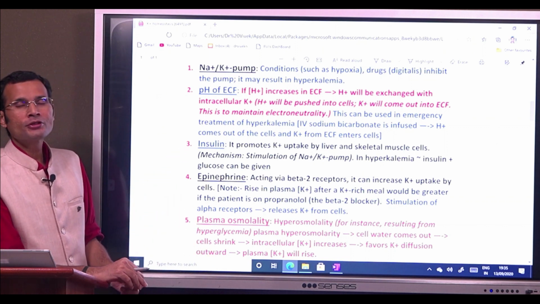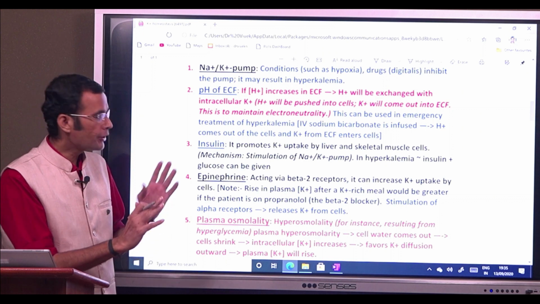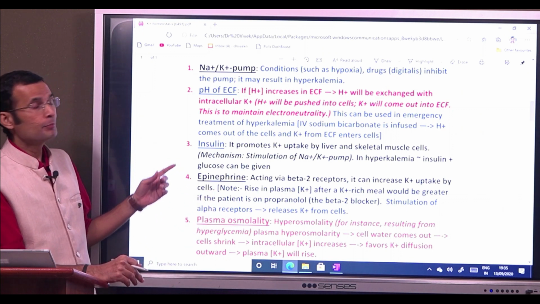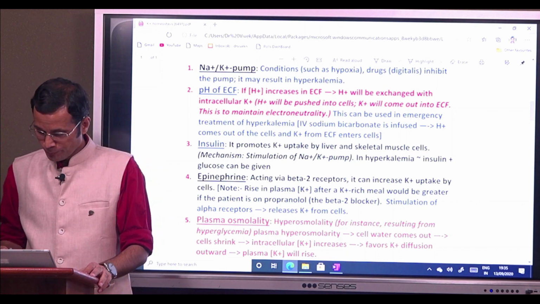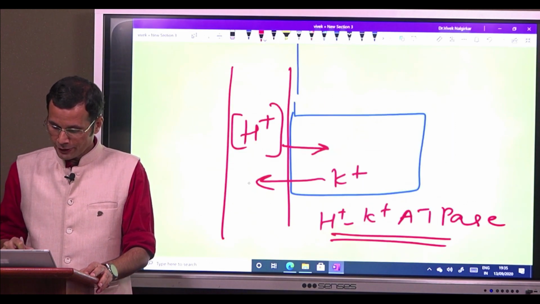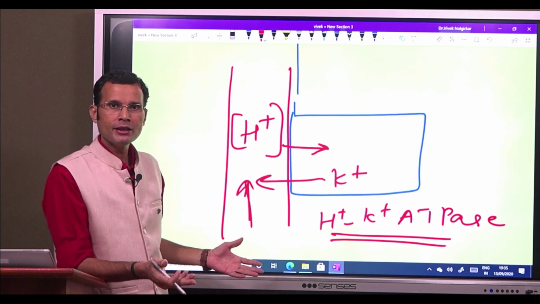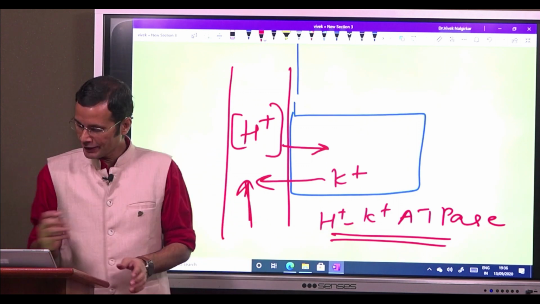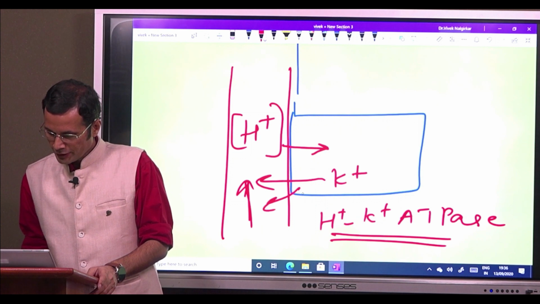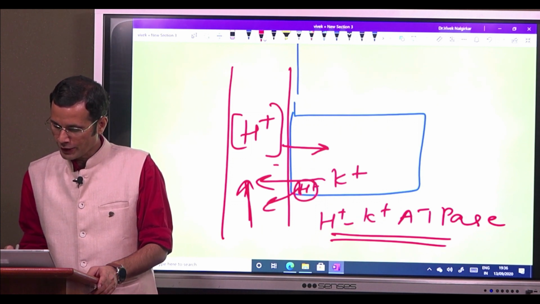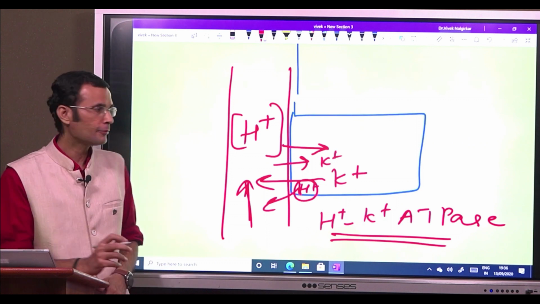We will infuse intravenous sodium bicarbonate. Now, because you have infused sodium bicarbonate intravenously, to neutralize it, the hydrogen ion will come out of the cell and potassium will go into the cell.